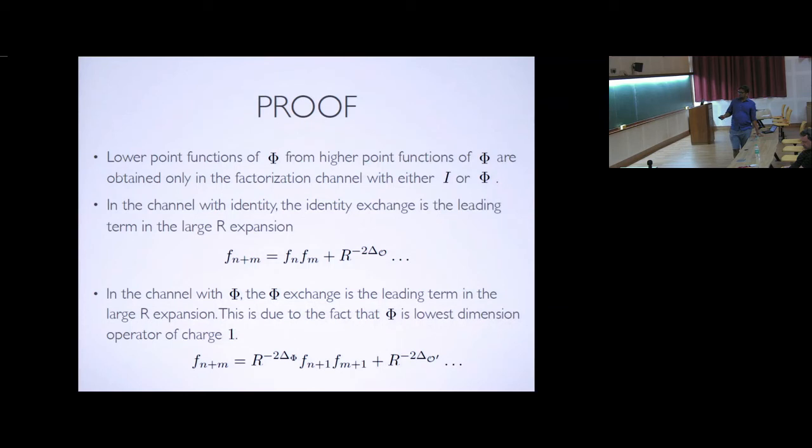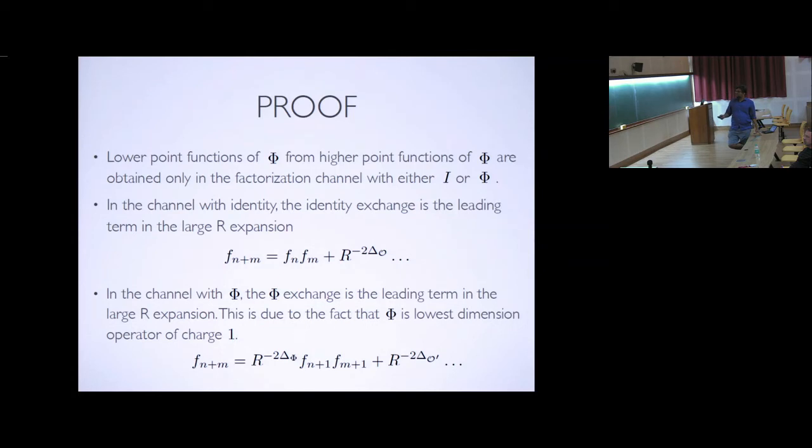And if you have a channel with phi exchange, because the choice of phi was such that it has the lowest dimension in that superselection sector, when you do this factorization, again, you see that the phi exchange is the leading piece and the rest is subleading.